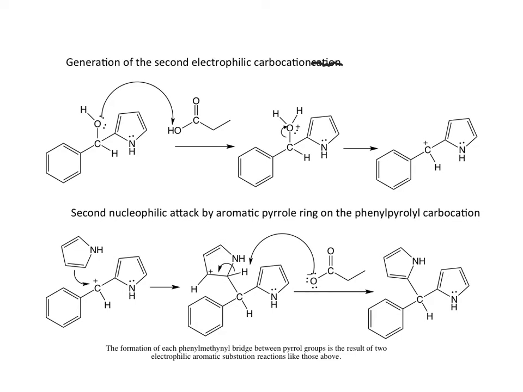So our propanoic acid, again, will act as a Bronsted-Lowry acid and protonate our newly formed hydroxyl group on our substituted benzaldehyde. So we will protonate that, right? Electrons will take the hydrogen ion, leaving the propionate.